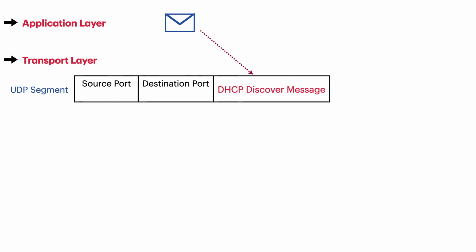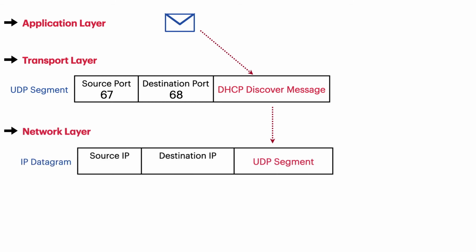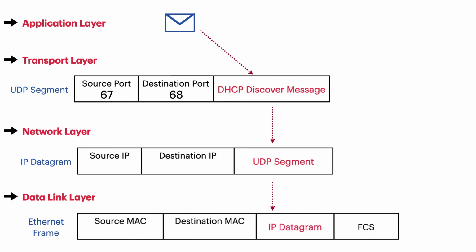Since the offer message goes from the server to the client, the source port is set to 67 and the destination port is set to 68. It is then forwarded to the IP datagram and finally to the Ethernet frame. As the source is the server and the destination is a client, the source IP address and source MAC address are set to the server IP address and server MAC address respectively, and the destination addresses are the broadcast ones.